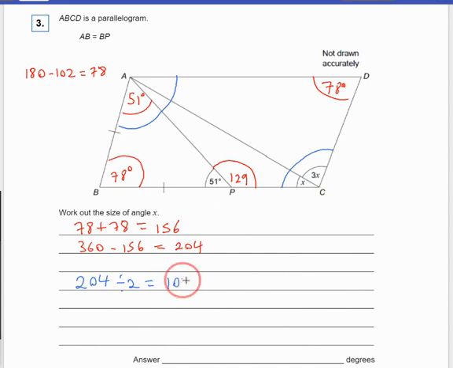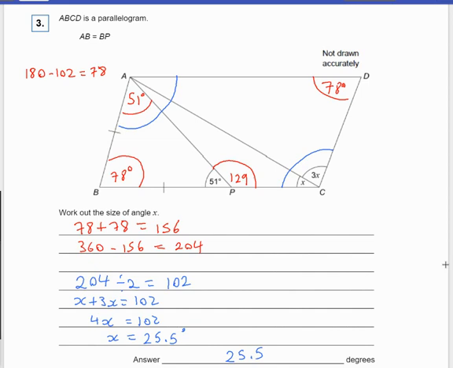So x plus 3x is equal to 102. So in actual fact, 4x is equal to 102. So x is equal to, let's divide. 51. If you halve it again, that's 25.5. 25.5 degrees, apparently. So 25.5 is that angle there.